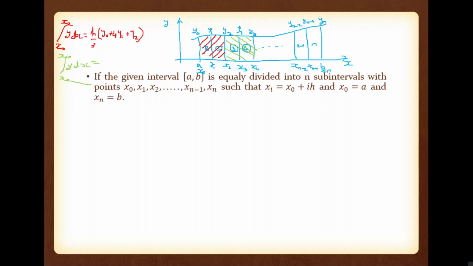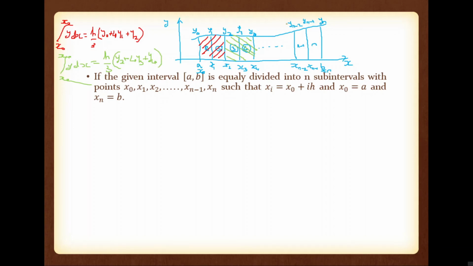So what is this integral after applying Simpson's one-third rule? We have h by 3 into, now the first value is y2, plus the middle point is y3, so 4 into y3, plus the last point is y4. Is it okay?